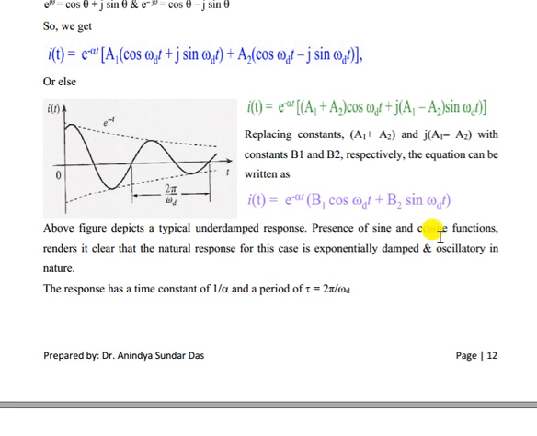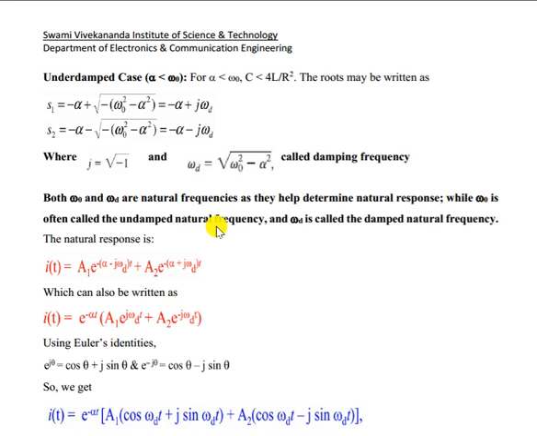That means it is an oscillatory function, but there is a damping part, e to the power minus alpha t. So it is an oscillating function, but its amplitude is going down and it will reach 0 or the reference value. For this response, the time constant is 1 by alpha and the period is 2 pi by omega d. So this is exponentially damped and oscillatory in nature for the underdamped case.